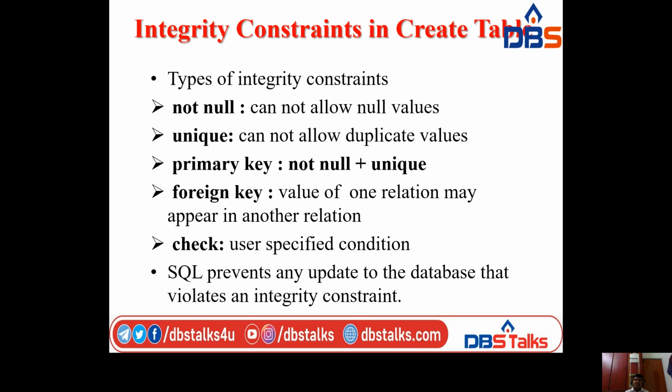Now coming to the integrity constraints when creating a table. The types of integrity constraints include not null. If you specify not null for an attribute, you must compulsorily give some value for that attribute; you cannot leave that column null.